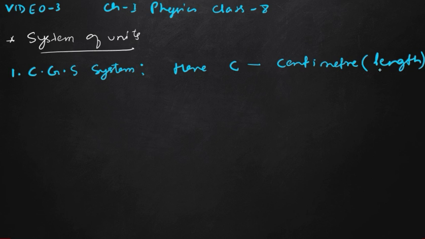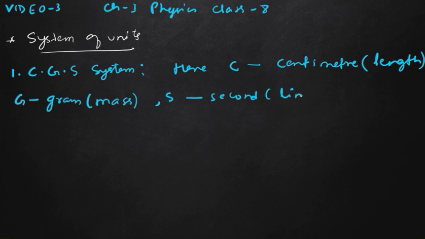In CGS system, C represents centimeter, G represents gram, which is the unit of mass, and the last one, S stands for second, which is the unit of time.